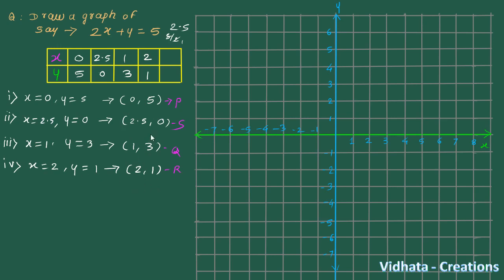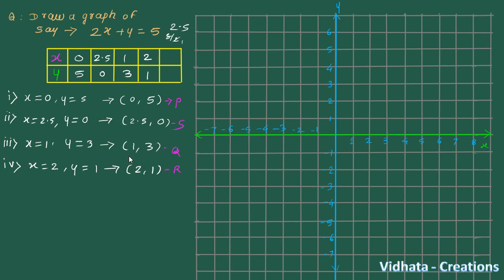For example, let us take the point P, or you can choose the points Q and R. So let us choose the points Q and R, whose coordinates are in round figures and not like 2.5 and 0.